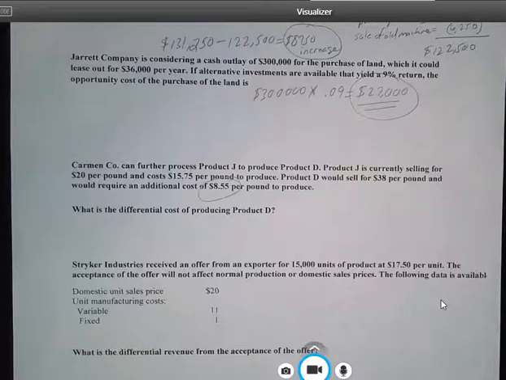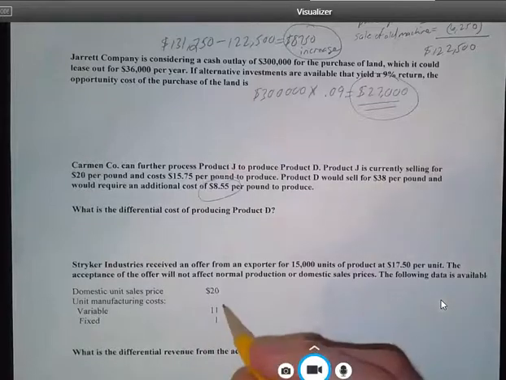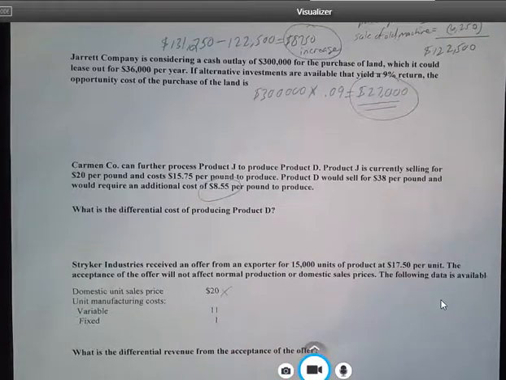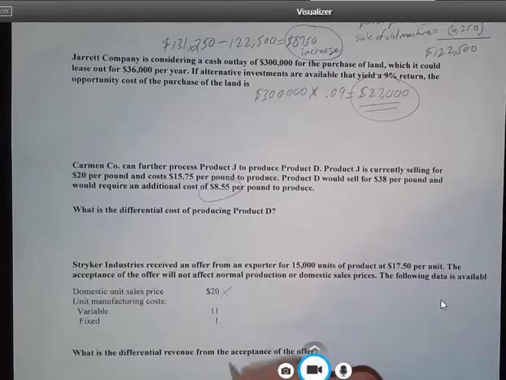Okay, so this is what we normally sell it for. Guess what? Doesn't matter. Irrelevant information. Don't need it. Okay? Fixed costs, $1 per unit. Guess what? Don't need it.